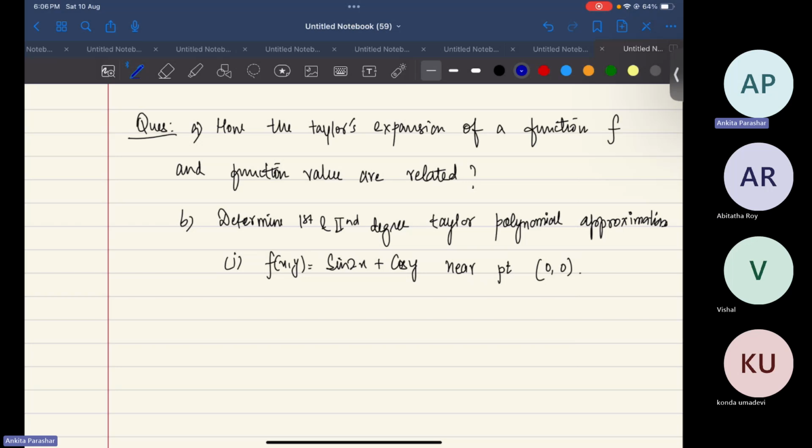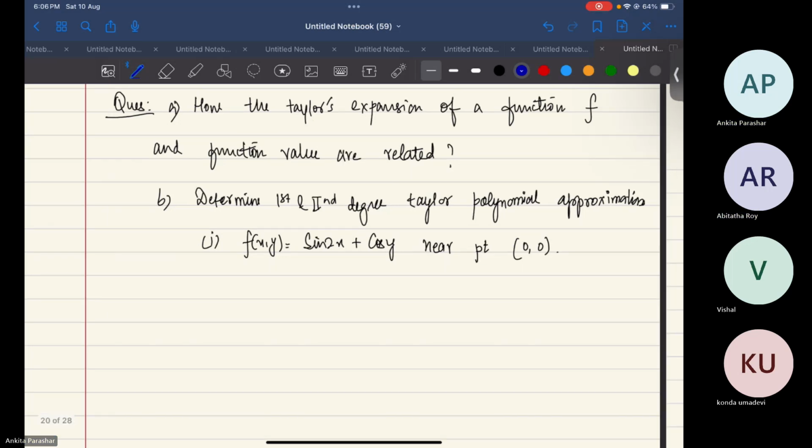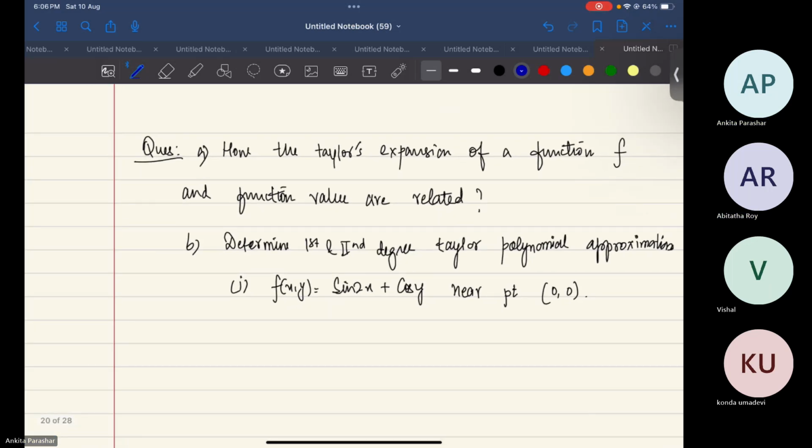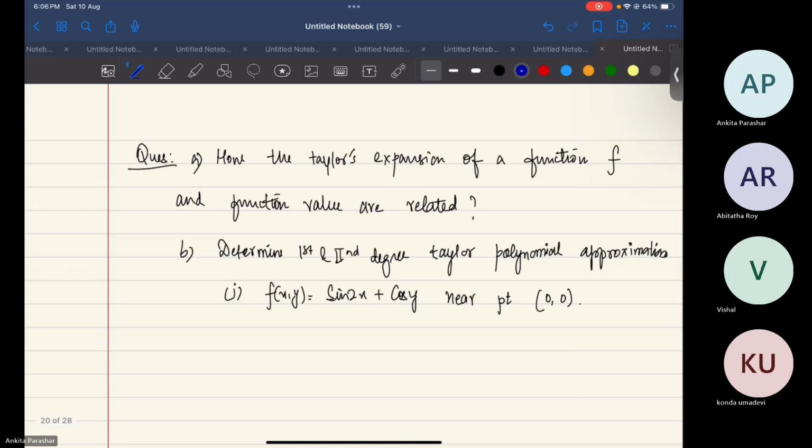And why do we do that? I think if you see the lecture notes, it has been clearly mentioned what the significance of writing a Taylor expansion for a function is.